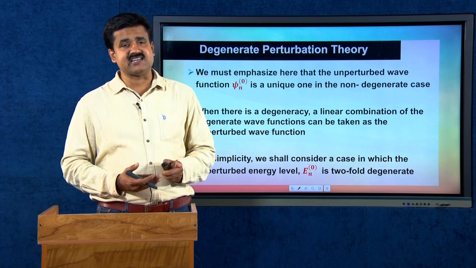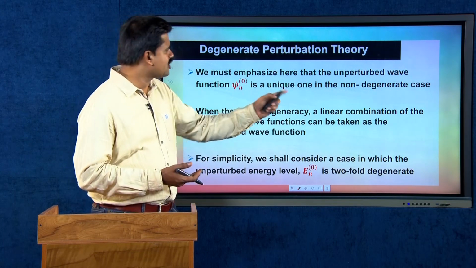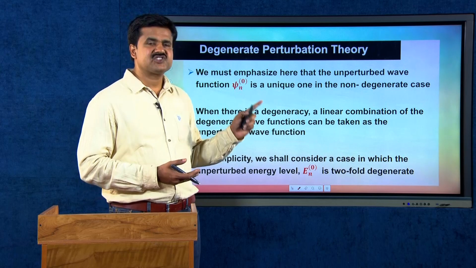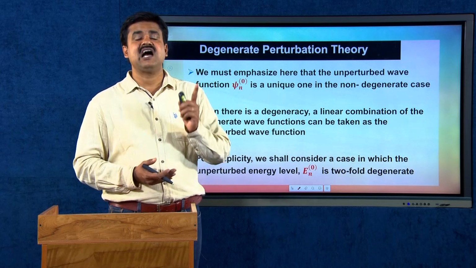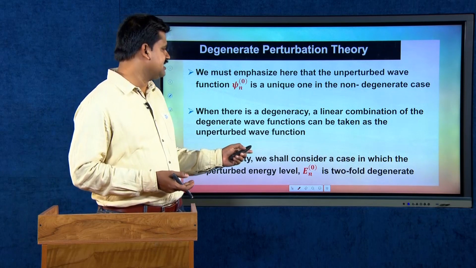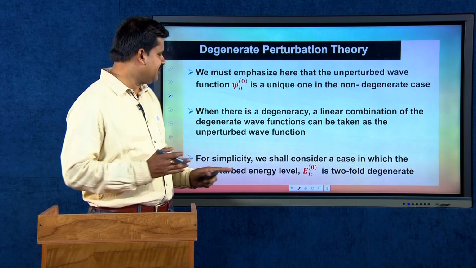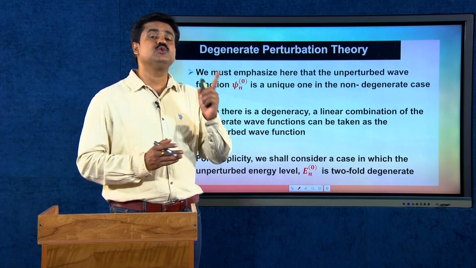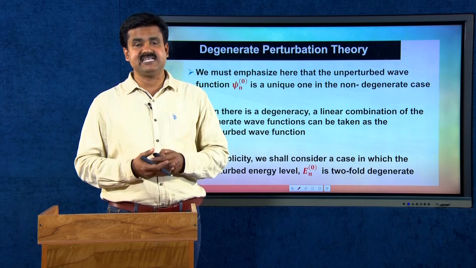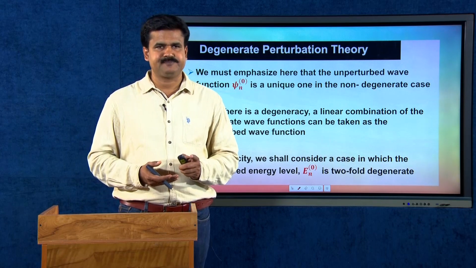When there is degeneracy, that is more than one arrangement with the same energy, a linear combination of the degenerate wave functions can be taken as the unperturbed wave function. For simplicity, we shall consider a case in which the unperturbed energy level En0 is twofold degenerate or doubly degenerate. It is an assumption. En0 is doubly degenerate.